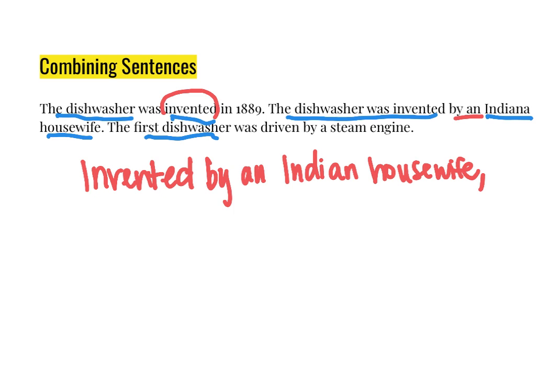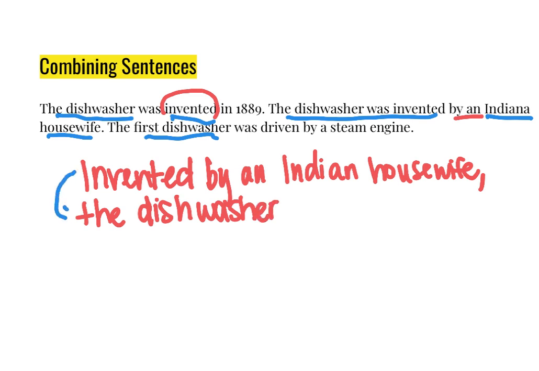The dishwasher, because this participial phrase is modifying the dishwasher. The dishwasher, let's see, it was invented and then in 1889.